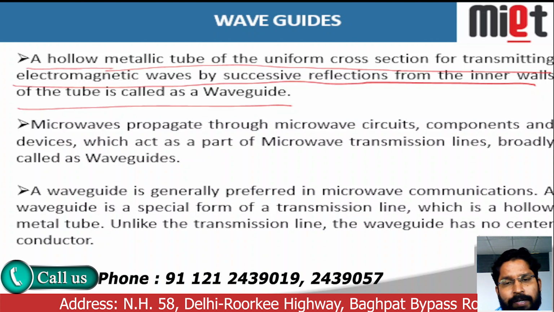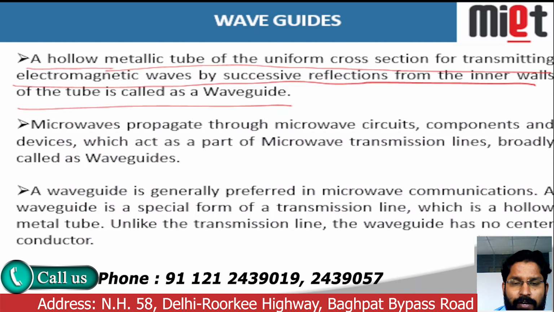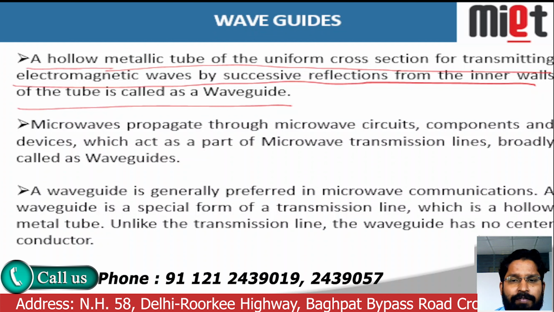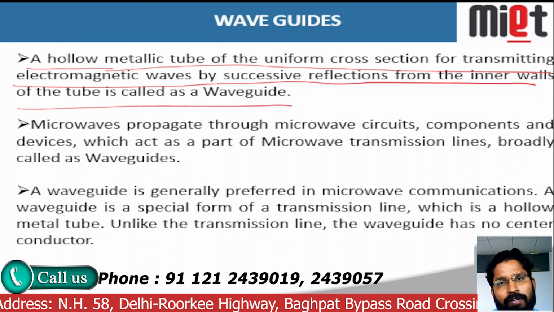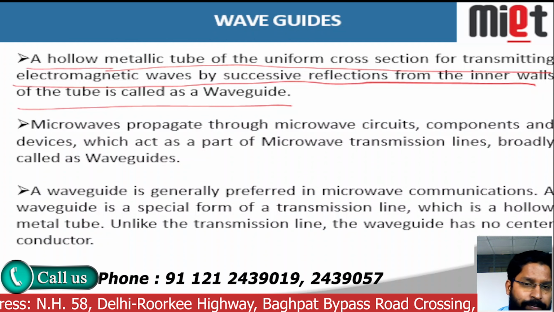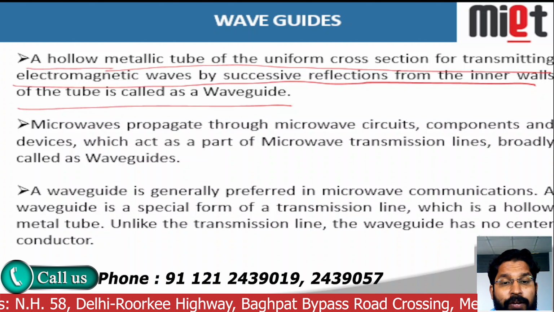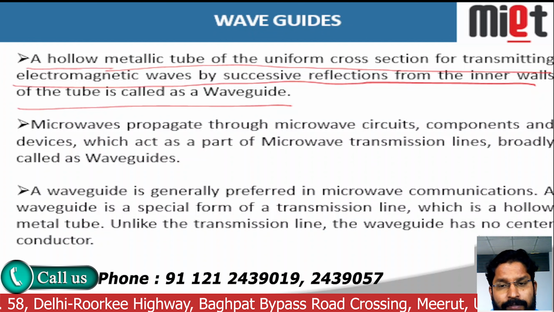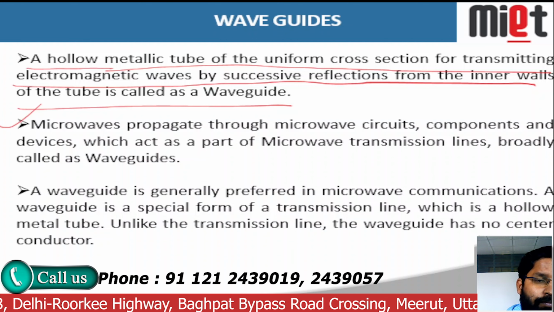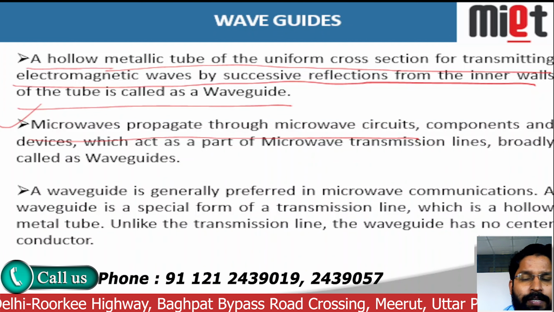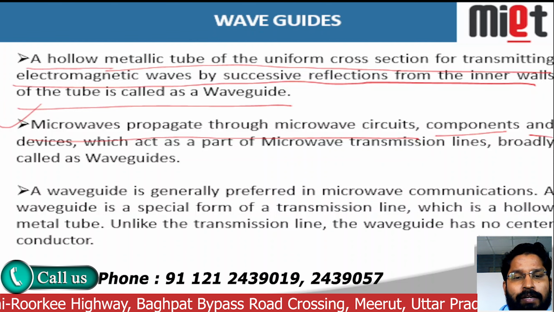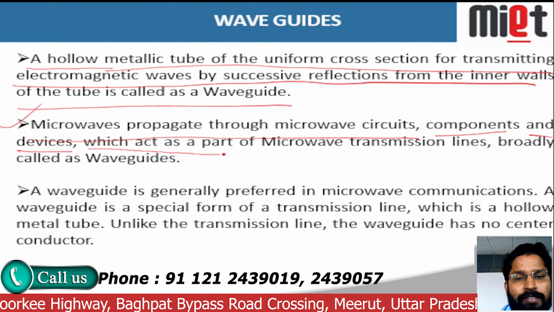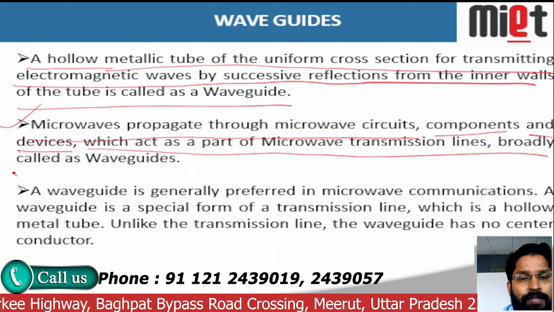Inside the waveguide, electromagnetic waves are propagated with the help of reflection from the inner wall. Microwaves propagate through microwave circuit components and devices which act as part of the microwave transmission line, what we call a waveguide.